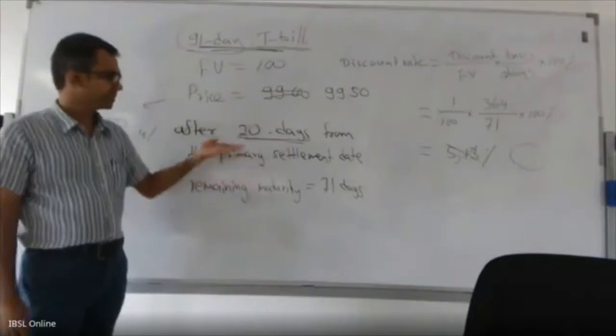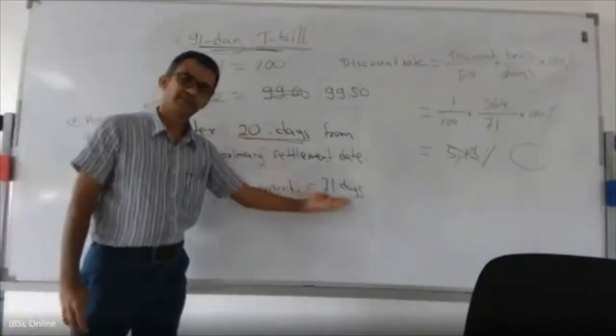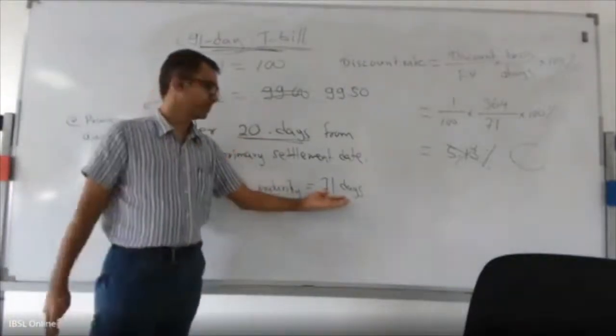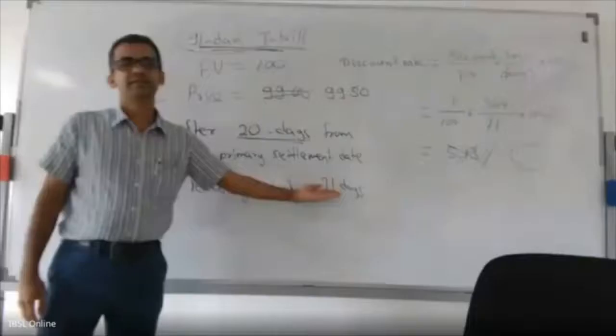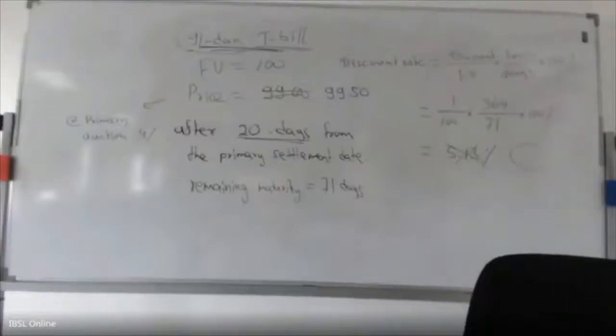The second investor, who bought it after 20 days, is going to hold it until maturity. So the second investor is gaining, no? The second investor is gaining a profit in that case.